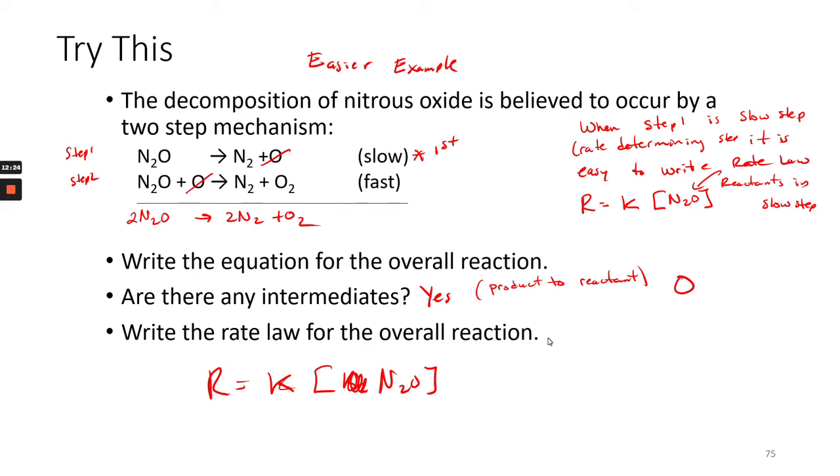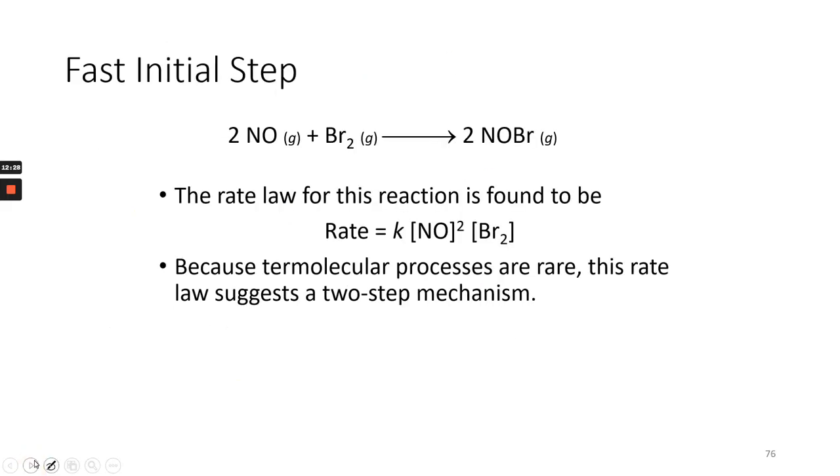What happens when your first step is not the slow step? That's a little bit more challenging. So what happens when your initial step is fast? Here we have our overall reaction, and the rate law for this reaction can be found to be this.